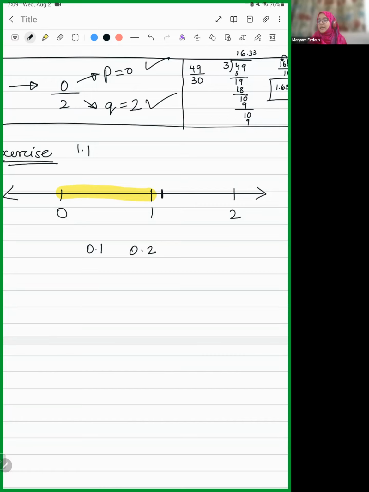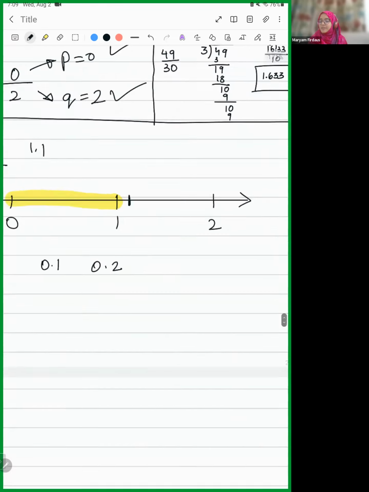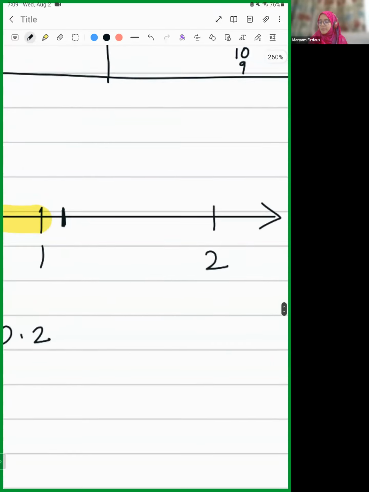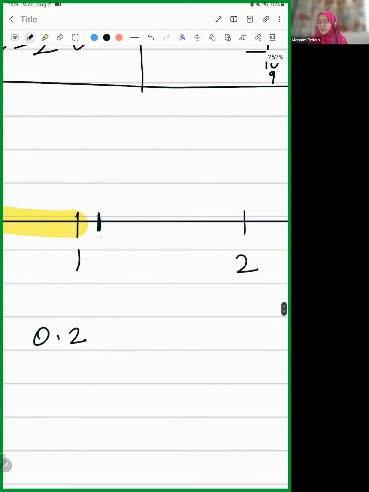1.1 means what? It means that you have divided the distance between 1 and 2 into 10 parts.